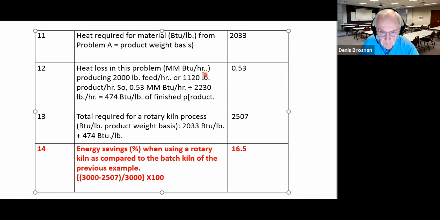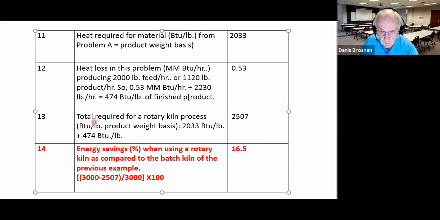If we are using 2,000 pounds of feedstock per hour, converting into 1,120 pounds of product, and we divide that out, we'll come up with 474 BTUs per pound of product. This is in BTUs per hour, but it's equivalent to 474 BTUs per pound. You'll see that 474 down here again when we add everything up.